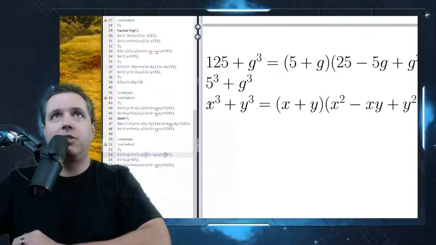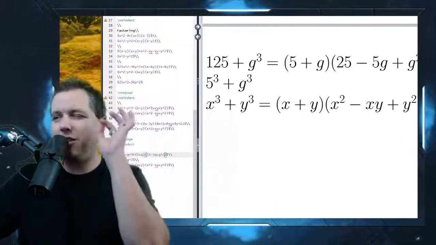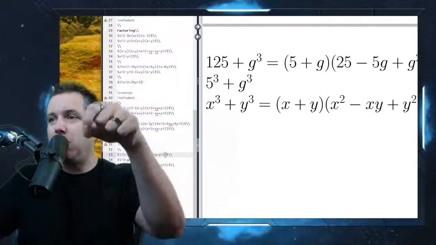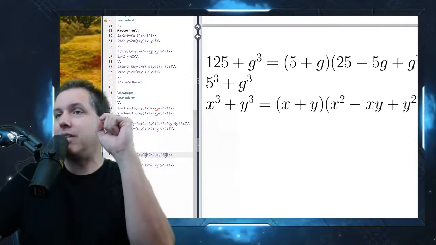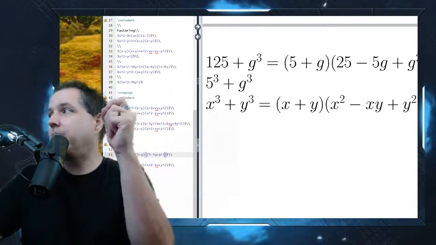I'm just using this formula as my roadmap, and I'm plugging things in. When students try to think about the formula, substitute into the formula, and simplify at the same time, good chance you're going to make a mistake. Just write it on the paper, okay?